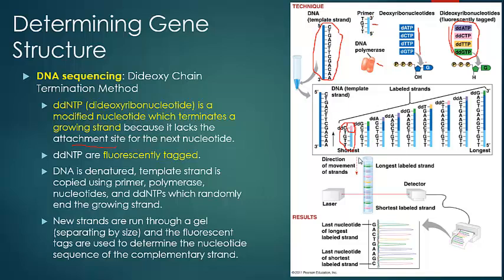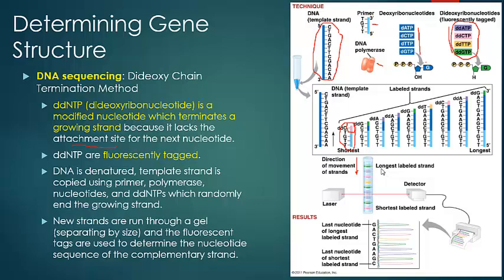Once a whole mess of these fragments have been created, these fragments are going to be run through gel electrophoresis. We know that gel electrophoresis is going to separate out each individual fragment based upon its size. The smallest fragments are going to travel the furthest, and the largest fragments are going to travel the shortest distance.